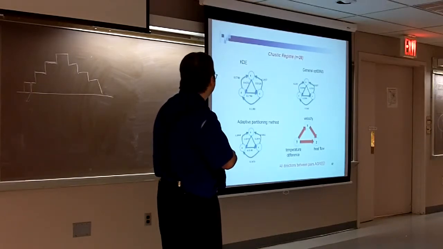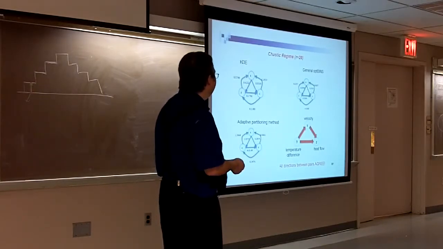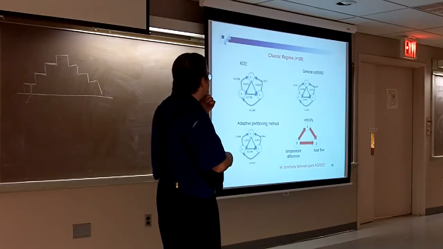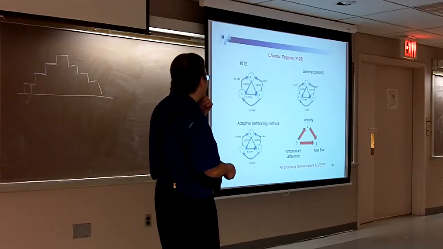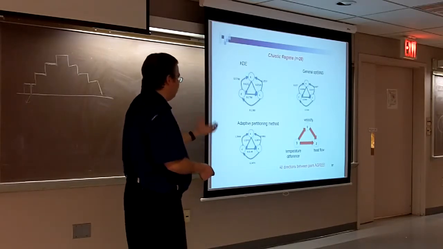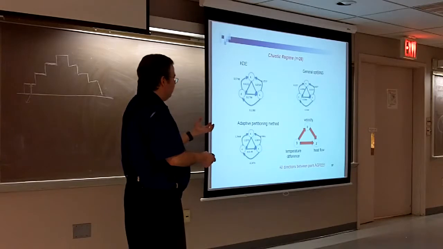Now, when we apply all three methods, this is kernel, this is our method, this is the adaptive partitioning method, this is the result. Why? The temperature difference affects the velocity. Velocity triggers the heat flow, and also temperature difference triggers the heat flow, which makes sense in terms of physics, because temperature difference affects velocity.